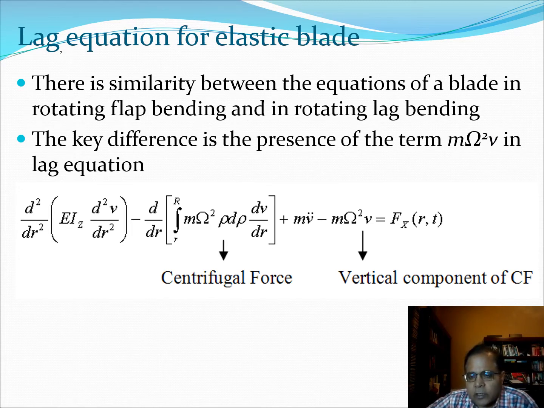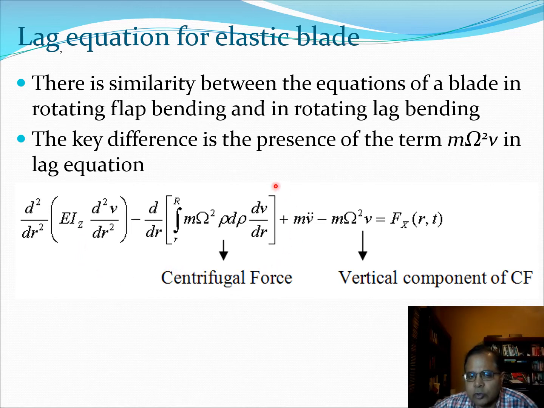Now, if we look at the equation for lag bending, we will see that there is a similarity between this equation and the equation for the rotating flap bending blade. The difference is that you have this extra term here, which is the vertical component of the centrifugal force. So just to recapitulate, you have the bending term here, the flexural bending term, where EIZ is the lag stiffness.